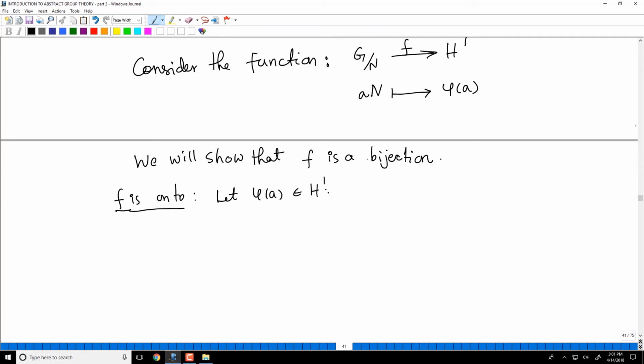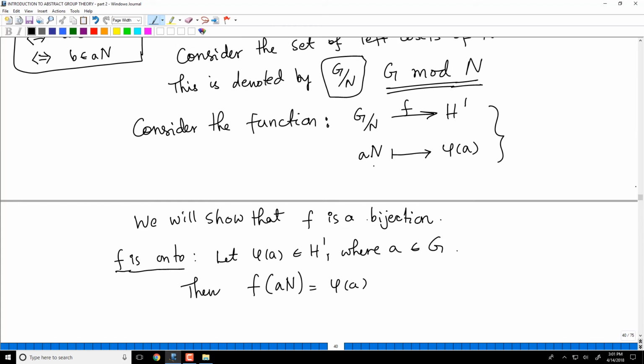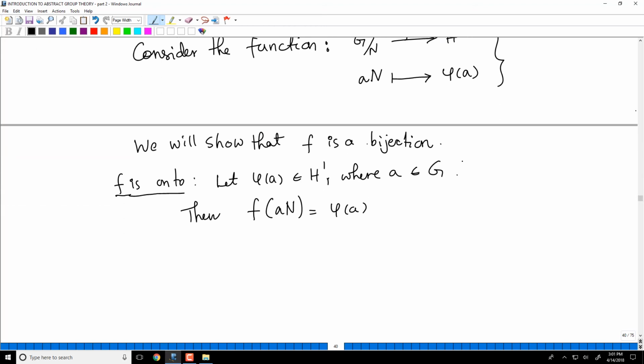H prime is the image, so it only contains elements of the form phi a where a is in G. Then what is f of aN? f of aN is precisely phi a. By definition, f sends aN to phi a.